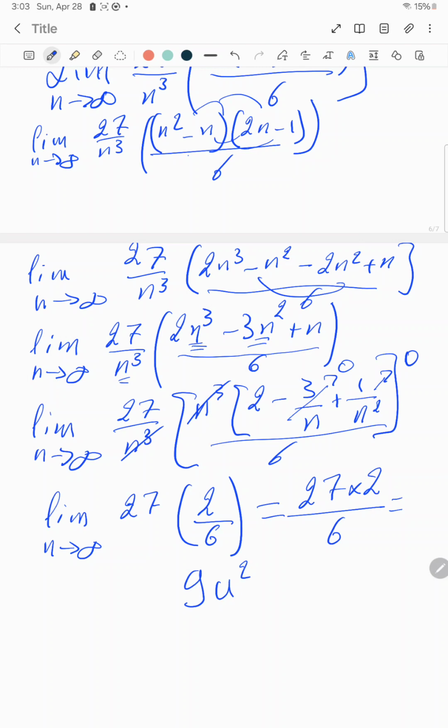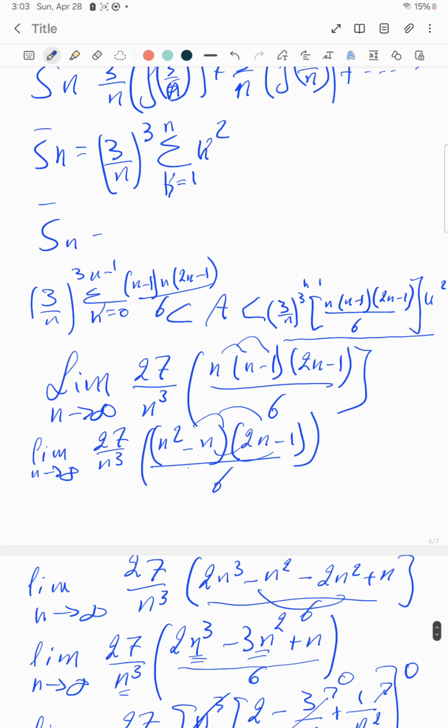And if I want to study now the other limit, now we study the limit of when k equals 0 to n minus 1.